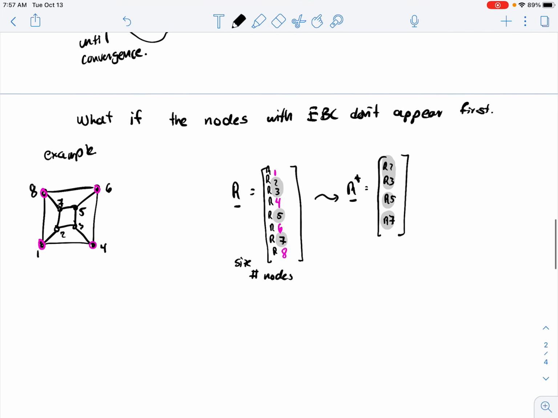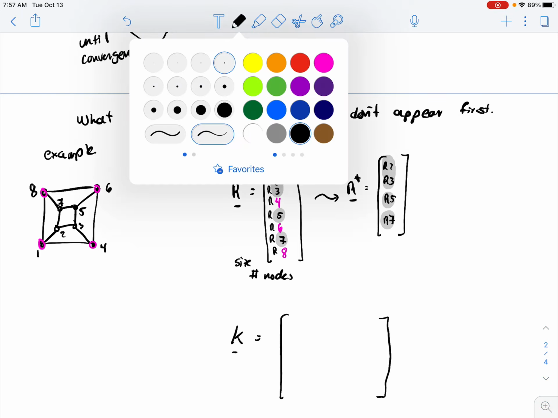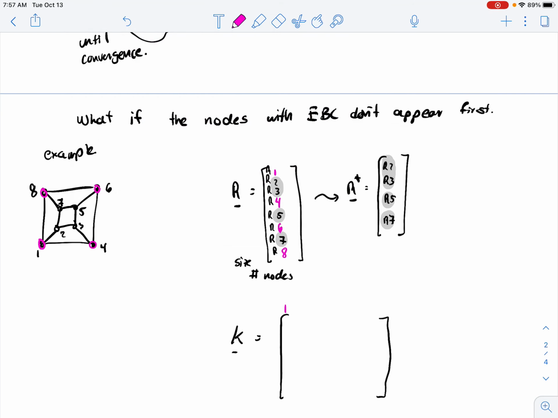And the same will be true for the K. For the K, I will still have an 8x8 matrix, but now I need to get rid of the rows and columns for nodes 1, 4, 6, 8.